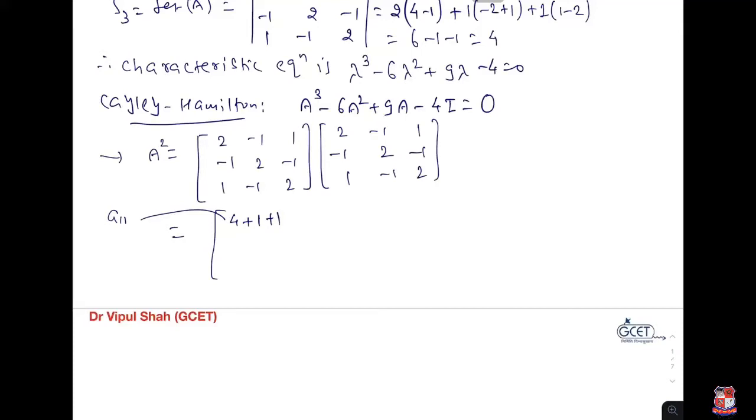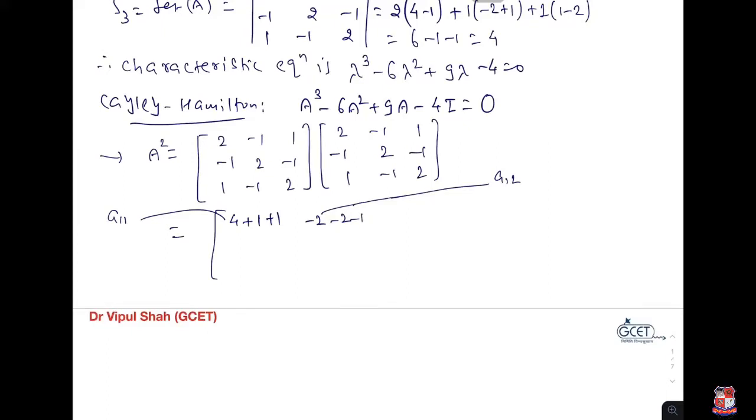Now the next element is 1 2, so I need to take the first row and second column. So 2 into minus 1, that is minus 2, then minus 1 into 2, so that is minus 2, then 1 into minus 1, so that is minus 1.